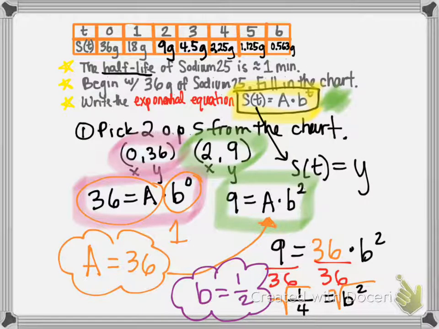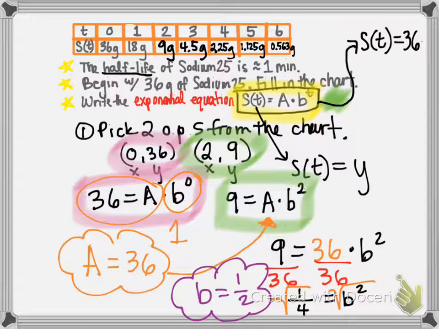So I'm going to squeeze this on this page since I know a and b are my purple and my orange guys down there, right? I know that I want this equation to be correct, so I'm going to just bring it up here. And I'm going to have s of t equals my a value, which is 36, and my b value, which was 0.5 or 1/2, however you want to do it.